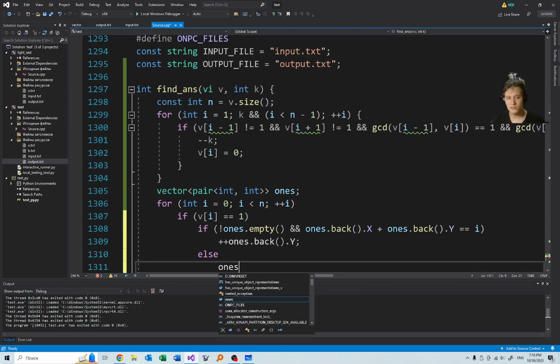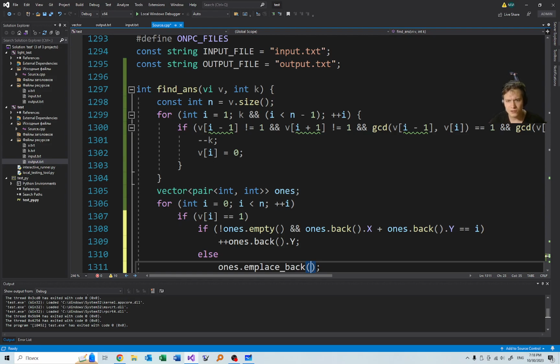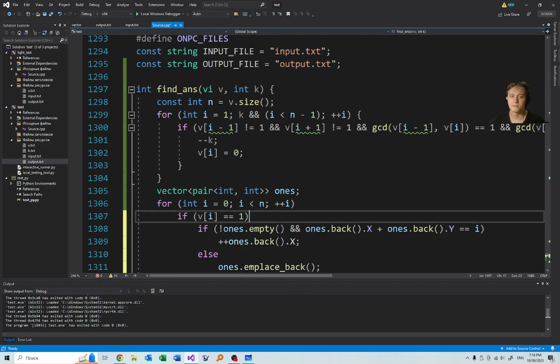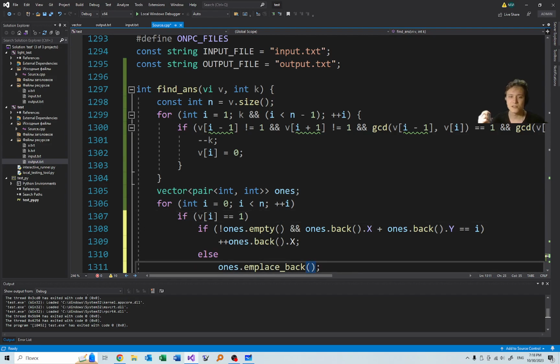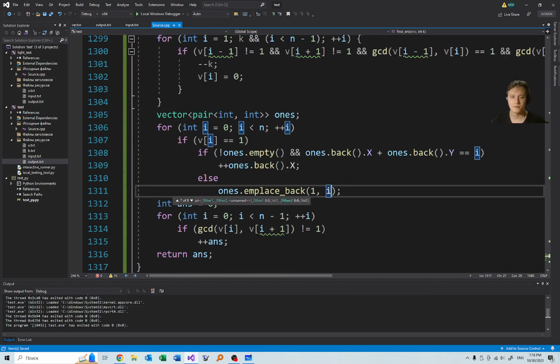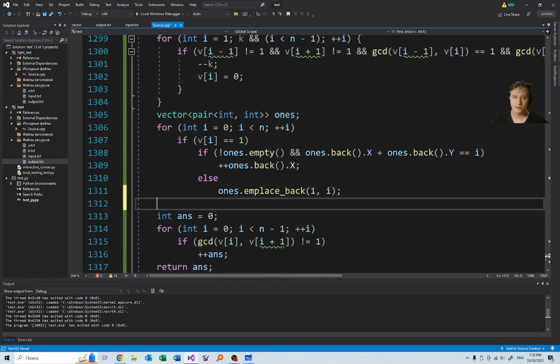Otherwise, we need to ones.emplace_back, a new size of the block and the position of this block, like this. Great, now we need to sort in increasing order.